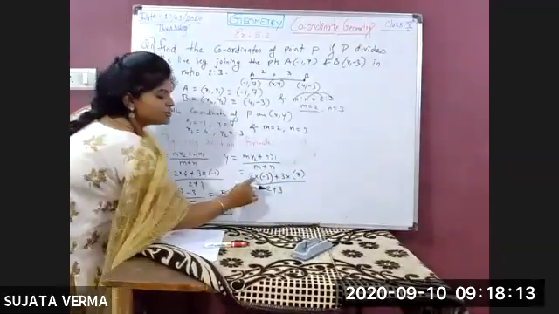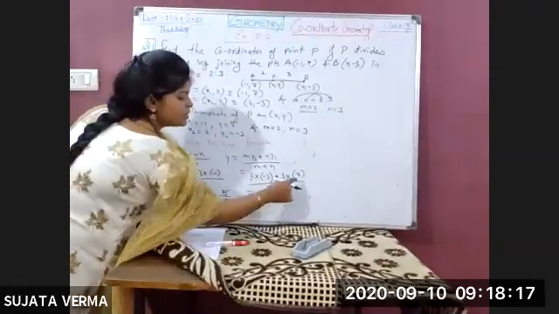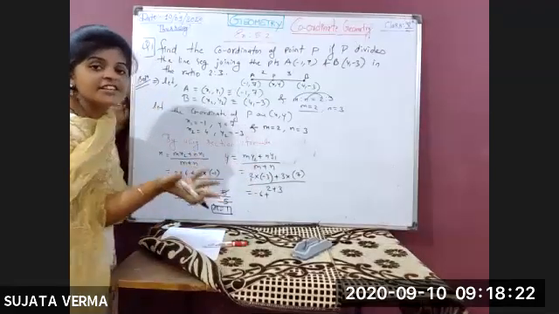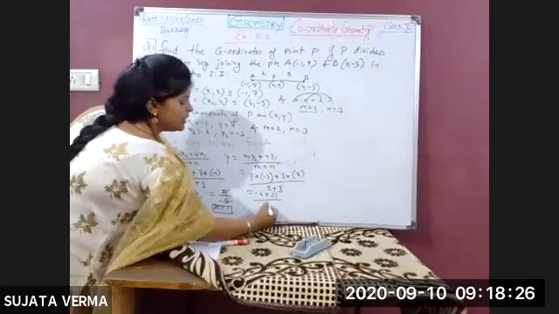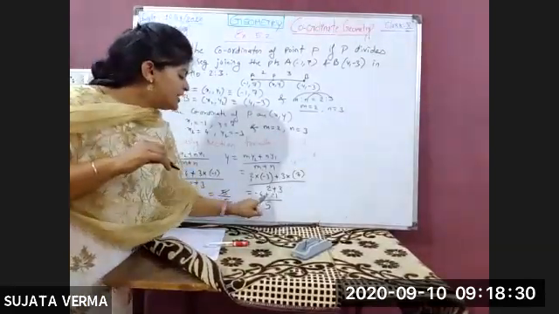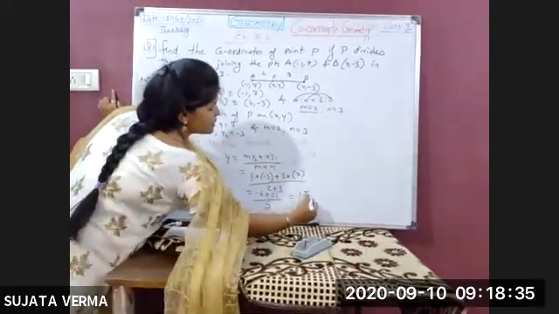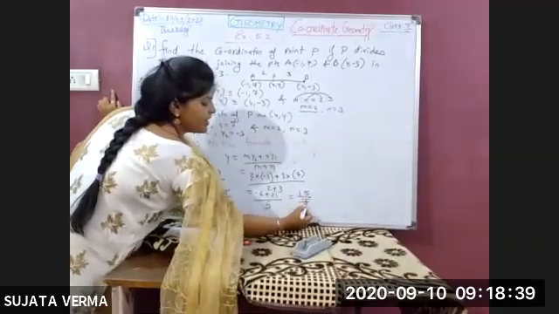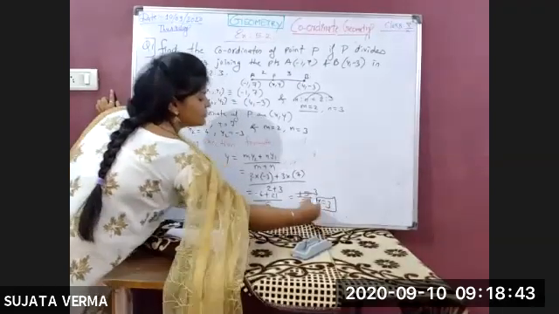So we write 2 threes are 6, but minus 6, plus 3 sevens are 21, divided by 5. Clear? Now subtract 21 minus 6, that is equal to 15. And 15 divided by 5, 5 threes are 15, so y is equal to 3.